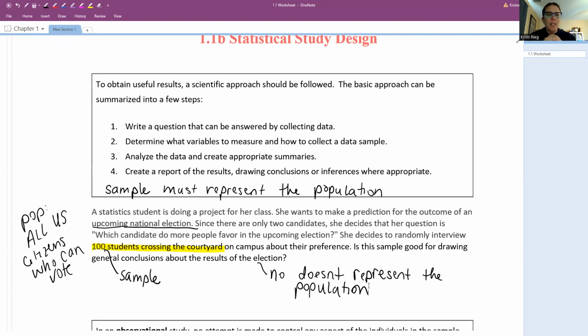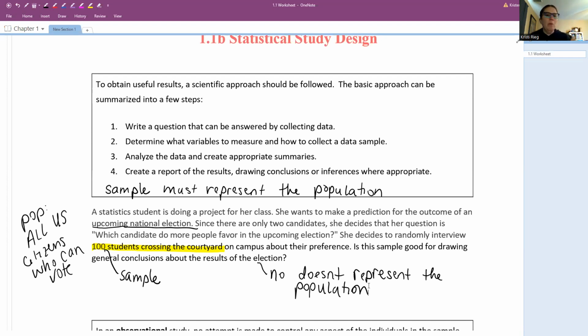And so we are missing a lot of different types of people throughout the United States by only interviewing those 100 students. For a sample to represent a population, you pretty much want them to have nothing in common other than that they're people who represent the population. For example, this population is US citizens who can vote. That's the only thing they should have in common.